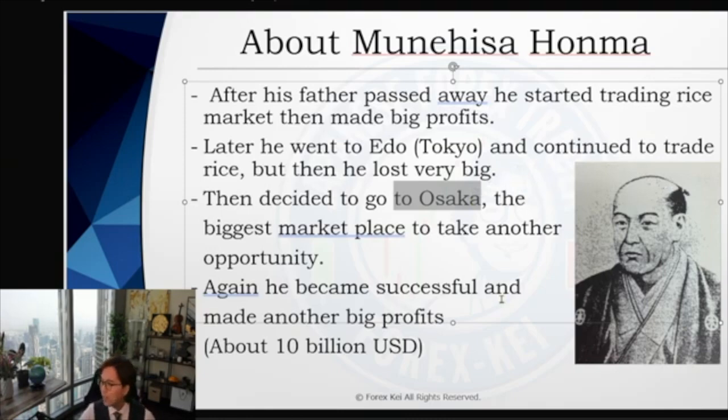So for this video, I think I will finish, and in the next part 2, I will talk about Dojima itself and some basics of the candlestick patterns that Munehisa Honma introduced to the world.